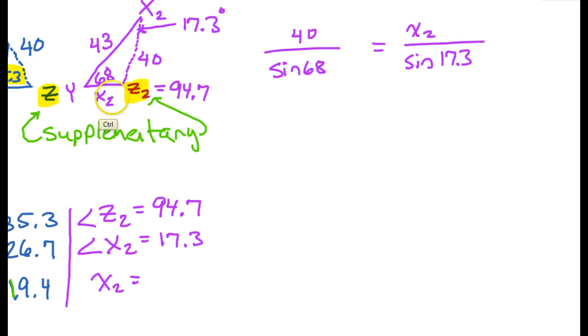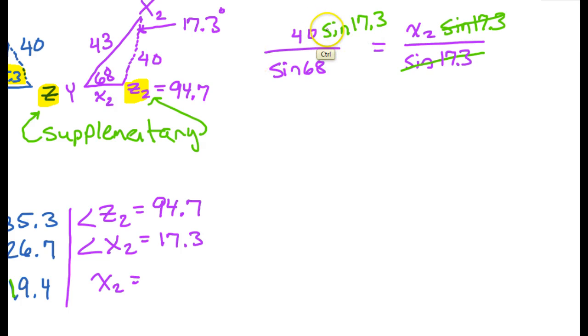Alright, it's the side over the sine of the angle across from it. So now I can just solve this for X2. And the best way to do that is to multiply both sides by sine 17.3. Alright, that way the sine 17.3's cancel each other out, leaving X2 by itself.